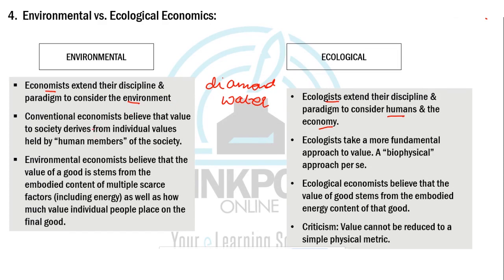Okay, so conventional economists believe that value is derived from individual values. Environmental economists believe that the value of a good stems from the content of multiple scarce factors, which includes energy, as well as how much people value the final good. Which is exactly what I just said.